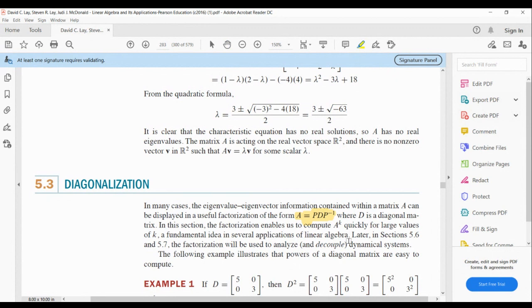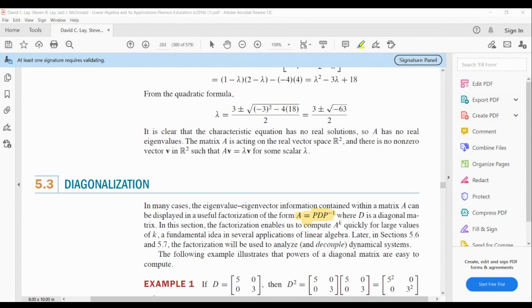So, of course, the matrix P consists of the eigenvectors. Well, first of all, what's the first thing you have to do when you diagonalize a matrix? What's the first thing you have to find? Good, Matthew. You have to find the eigenvalues.